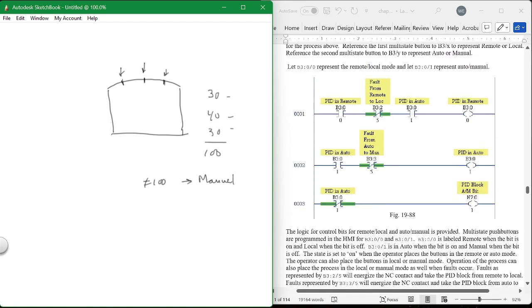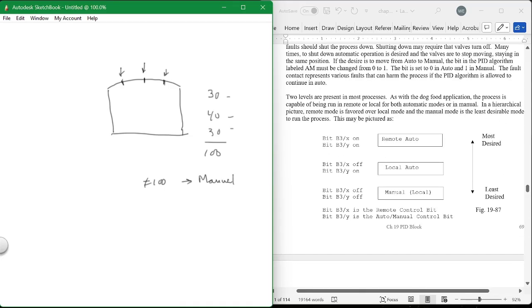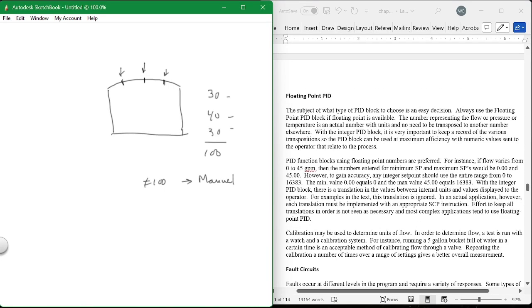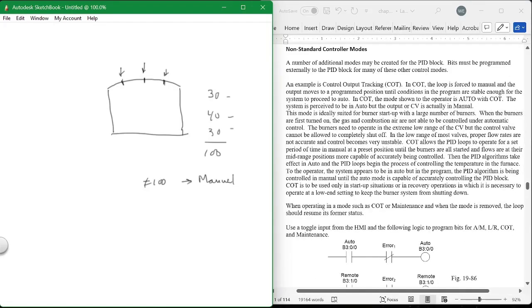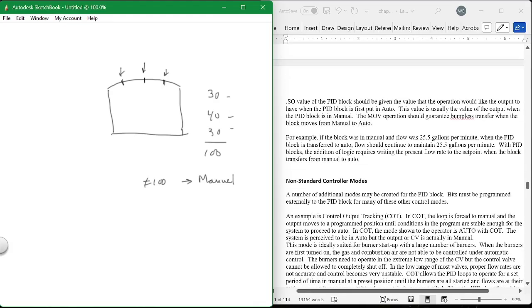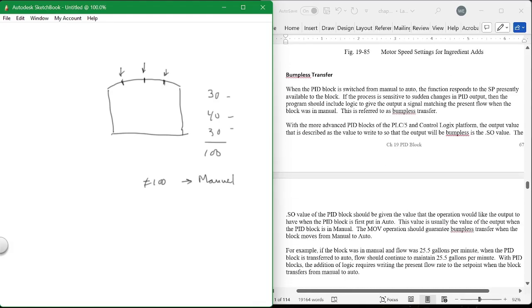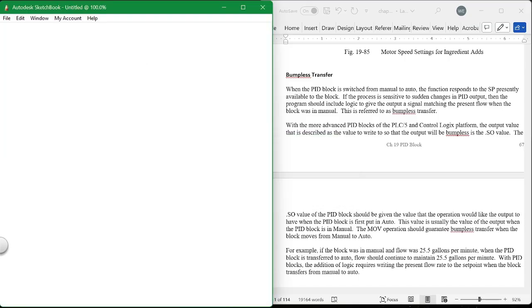Another thing about this is when you go from mode to mode, you want to have what they call bumpless transfer. Okay, so bumpless transfer is the situation where, when you're going from one mode to another, you don't want the system to do this kind of thing or this kind of thing.